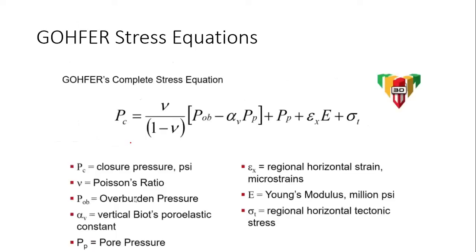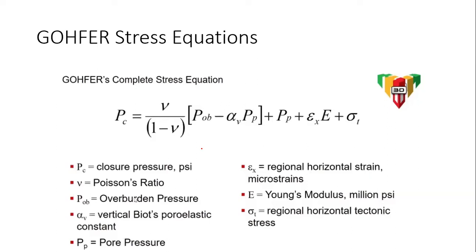Before we start with GOHFER, we need to discuss the main stress concept of GOHFER, because it creates the minimum horizontal stress. It creates the geomechanical parameters and the most important parameter that we need for frac design, the minimum horizontal stress. So it is created from the well logging data. This equation is done automatically by GOHFER.